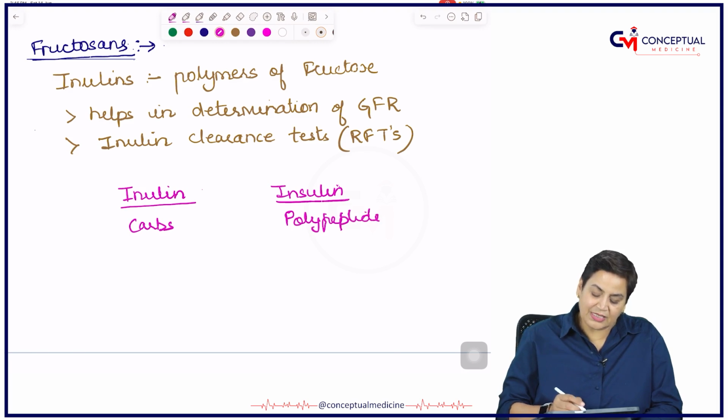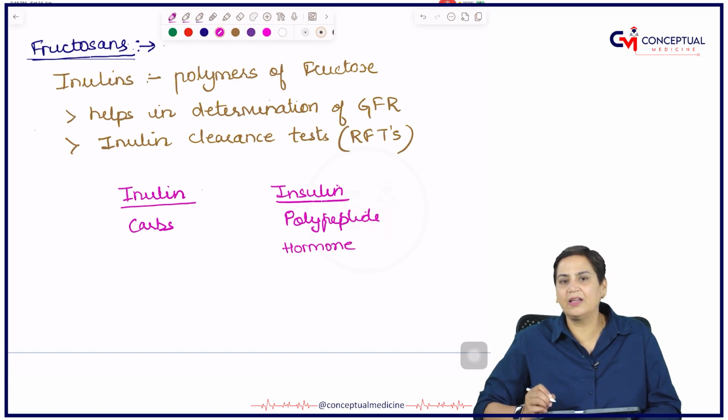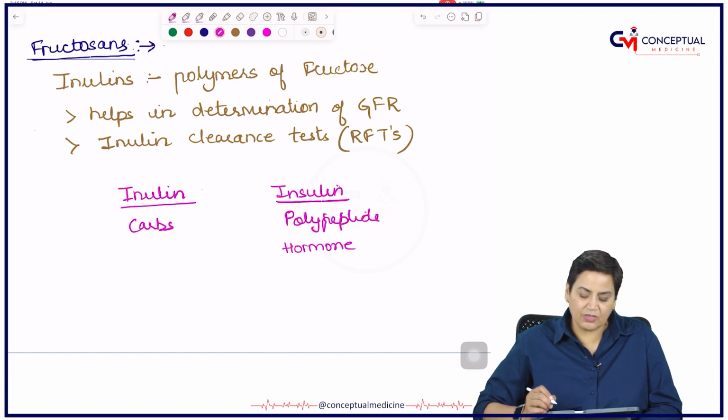Inulins have fructose, and insulin itself is a hormone which plays a very important role in carbohydrate metabolism. Whereas inulins are carbs which only help in determination of glomerular filtration rate.